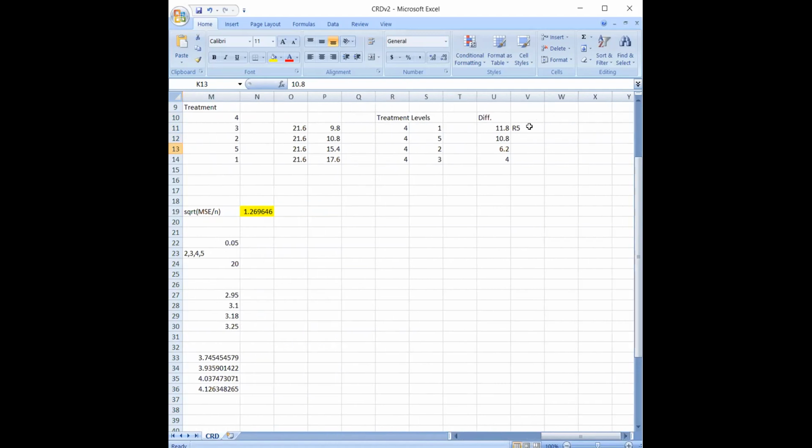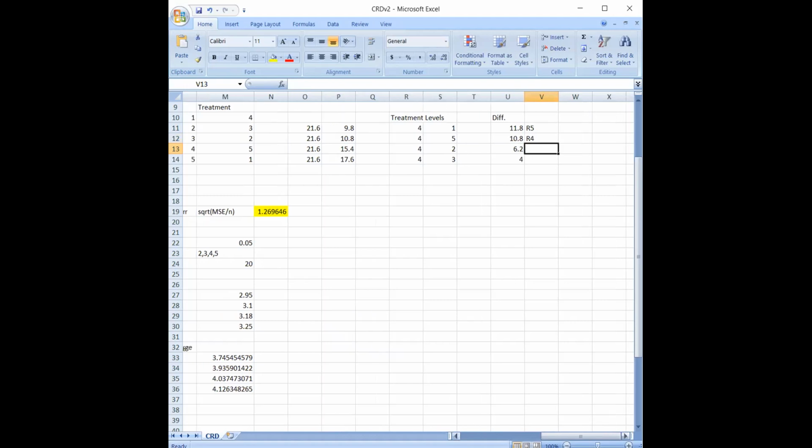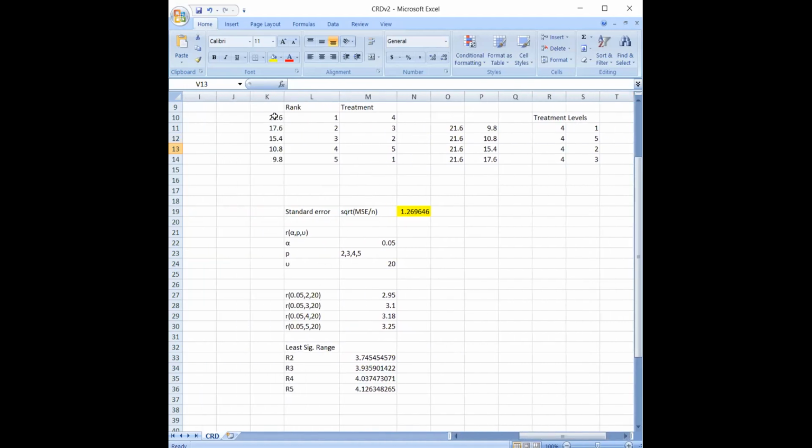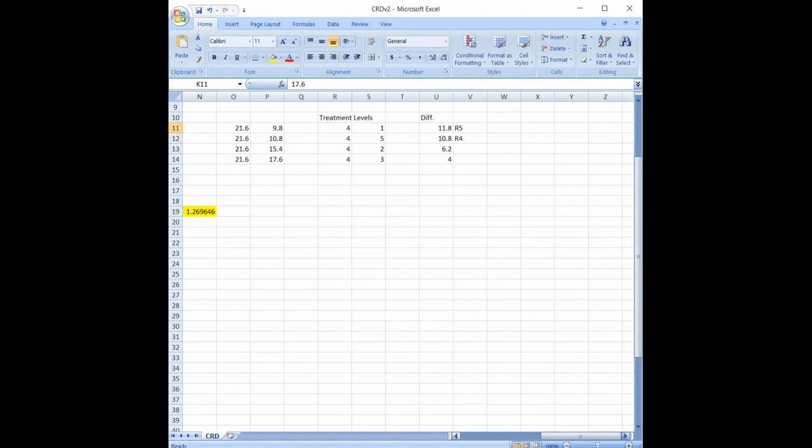So you have to consider R4 to compare this. Likewise, if you compare treatment 4 and treatment 2, here treatment 4 is here, treatment 2 is here. In between you have only one mean value, one gap, so the R value should be R3.